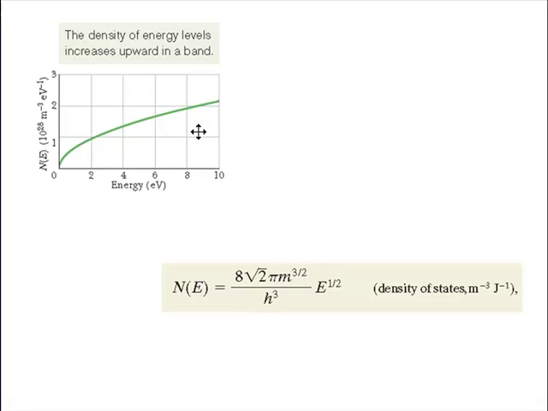But in addition to knowing how many states are available, we need to know the probability that a state would be occupied. Now, we know from our study of thermodynamics that we had the Boltzmann distribution, which had a probability that was proportional to e to the negative energy over kT.